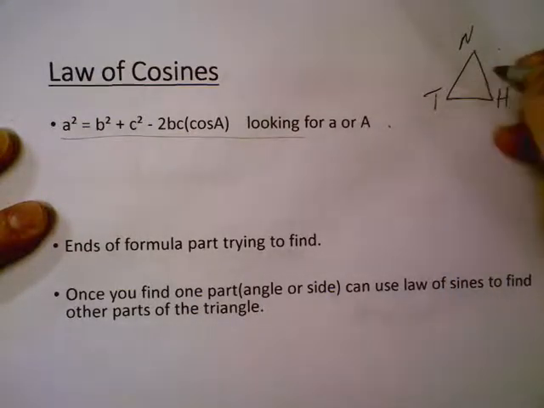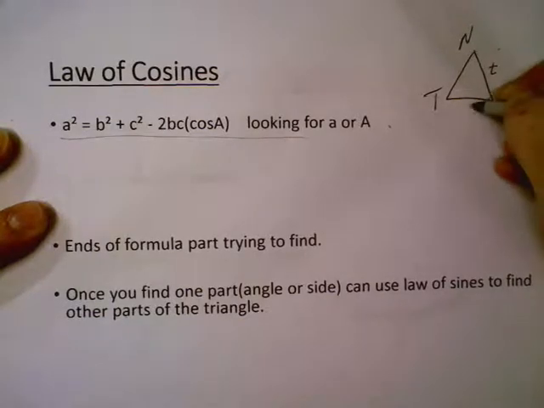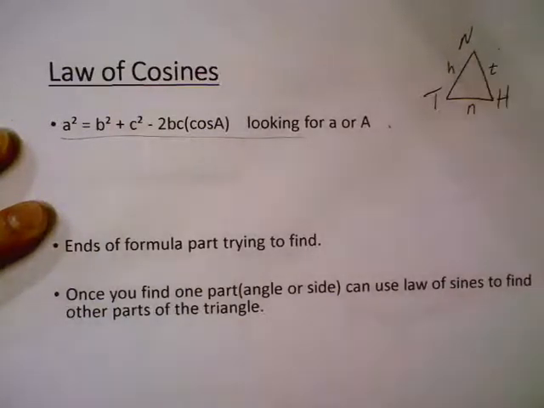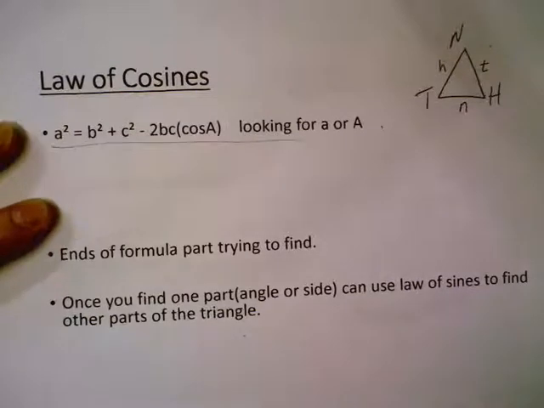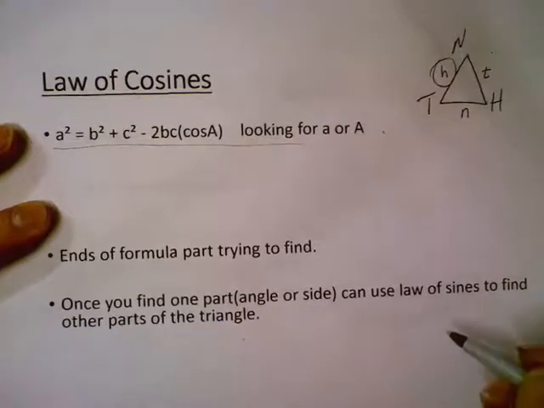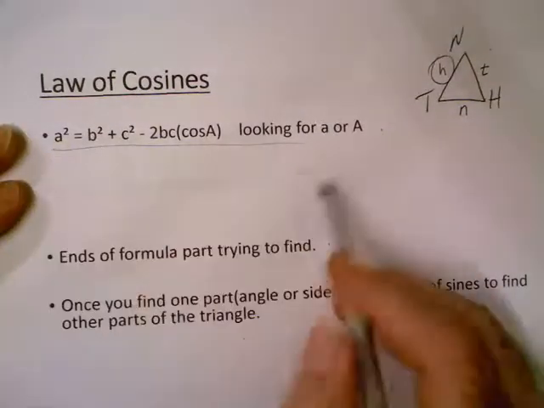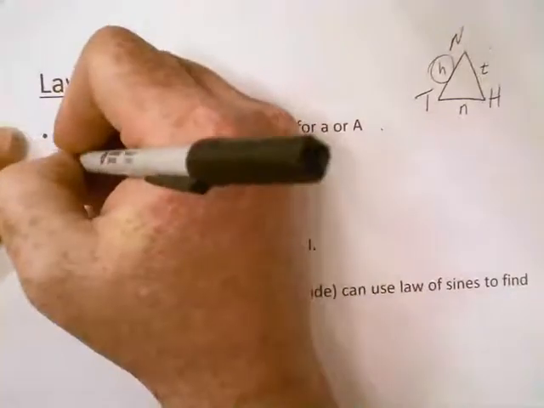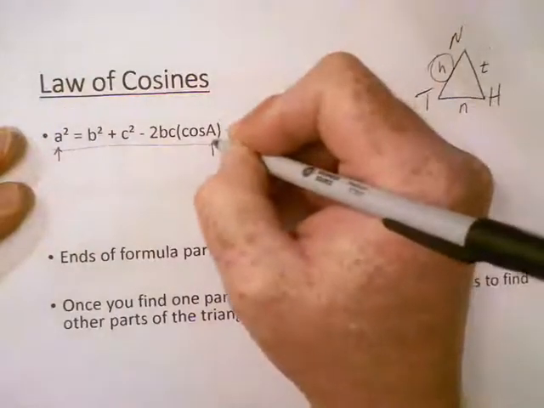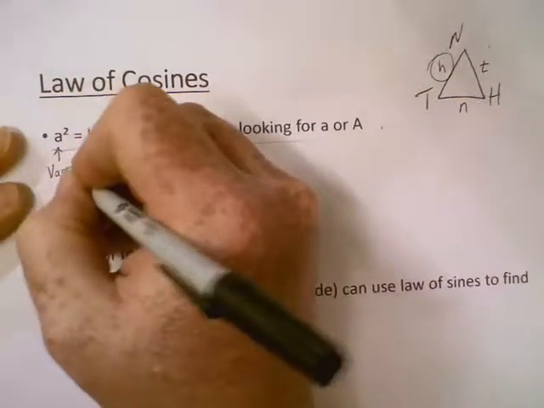When we label this triangle, this is going to be little t, this is going to be little n, that's going to be little h, across from the big letters. And let's say we're looking for little h. Then when we go to set it up, we want little h to be here. So this one or this one always has to be our variable.